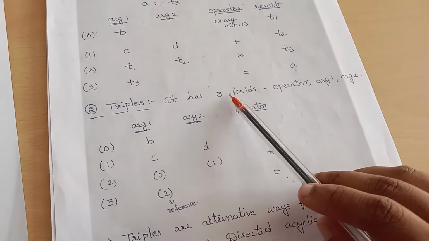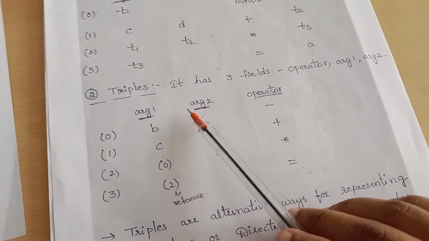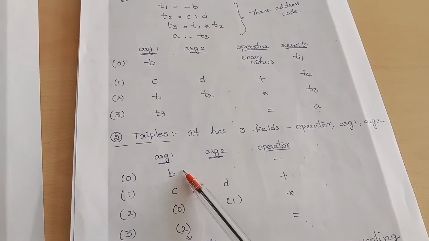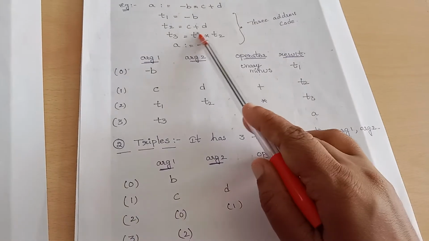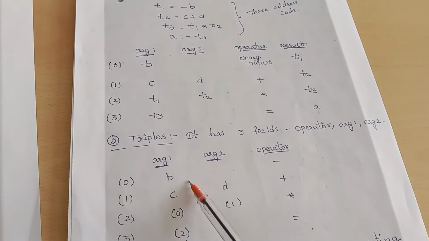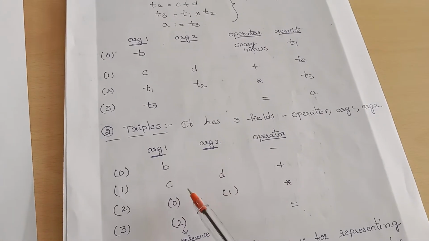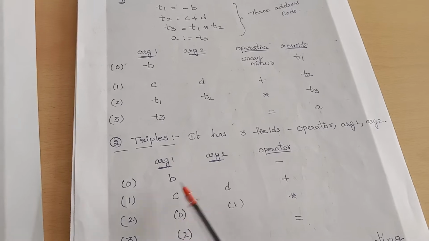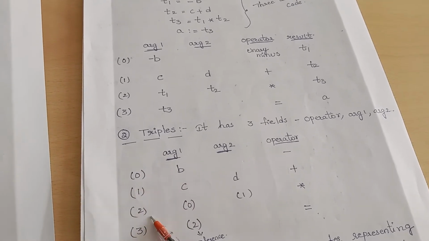As the name suggests, it has three fields: operator, argument 1 and argument 2. So based on the given expression, here the argument 1 is b and the operator is unary minus. And in the second expression, the argument 1 is c, argument 2 is d and the operator is plus. And in the third expression, we are considering the numbers starting from 0, 1, 2, 3.